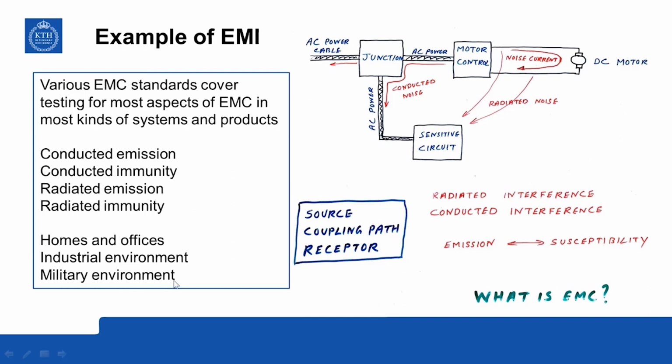Then you have the military environment, where you expect an extremely harsh environment. In addition to that, you have special cases like civil aviation, then other radio and communication equipment specifically intended for those purposes.